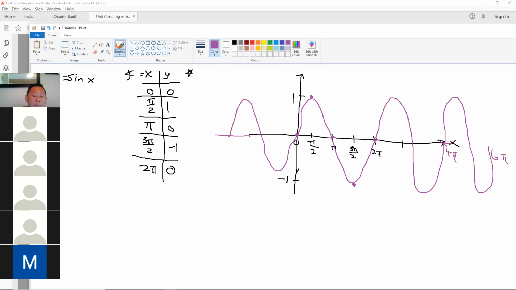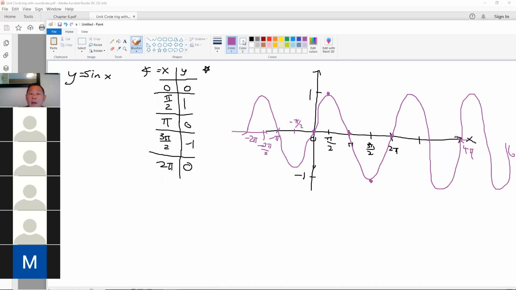This will become -2 pi because it's on the negative side. The values are exactly the same as here, but you just put negative: -pi over 2, -pi, -3 pi over 2, and -2 pi. So this is the sine graph for this class. You guys all right here for sine?